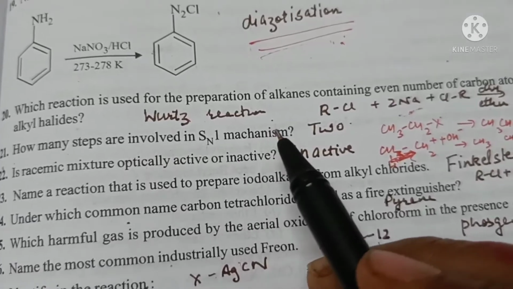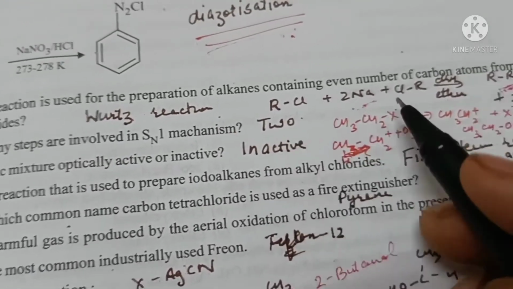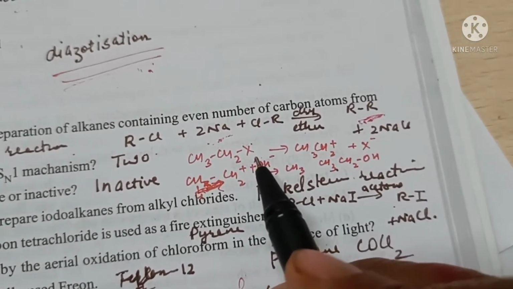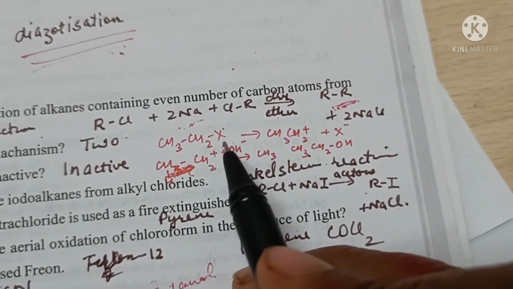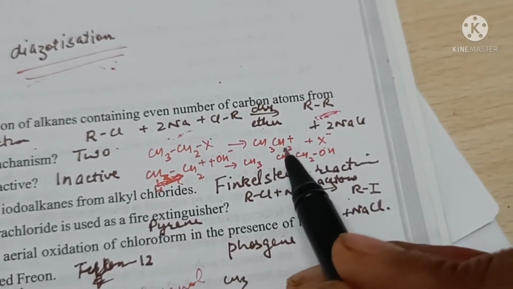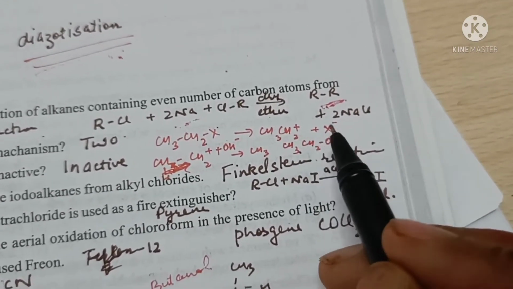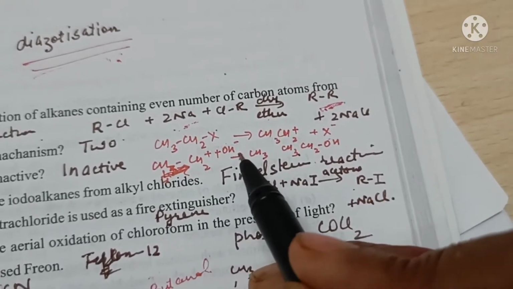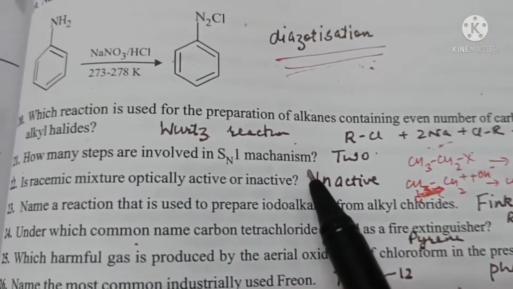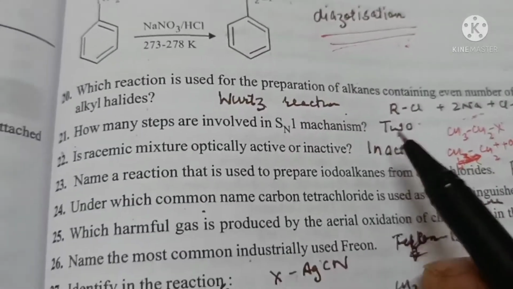How many steps are involved in SN1 mechanism? So 2 steps are involved. First, the alkyl halide will remove halide ion and form a carbocation. So this is step number 1. In the second step, a nucleophile gets attached with the carbocation. So in SN1 mechanism, 2 steps are involved.